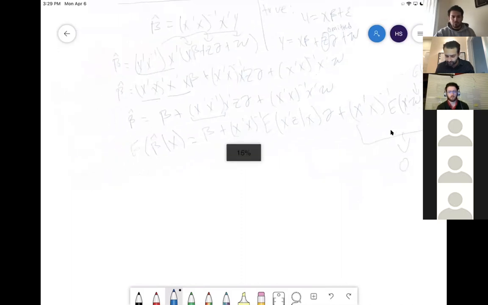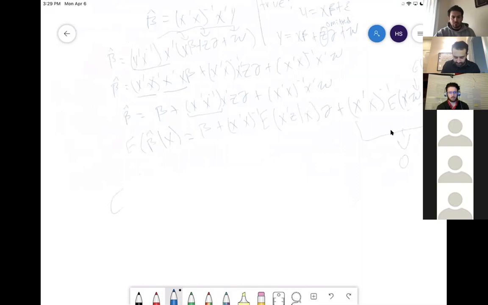So what I'm left with then is the expectation of beta hat conditional on X is going to be beta plus this term. That term I'm going to call my bias. If my estimate, which we proved in class together, was unbiased, when I take the expectation of beta hat conditional on X, it should just be beta.